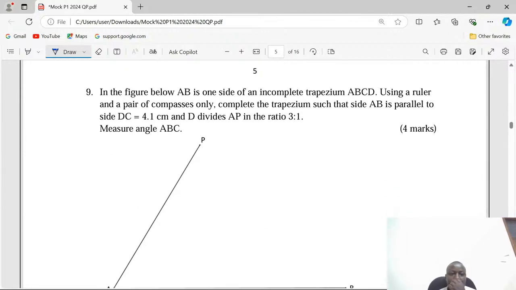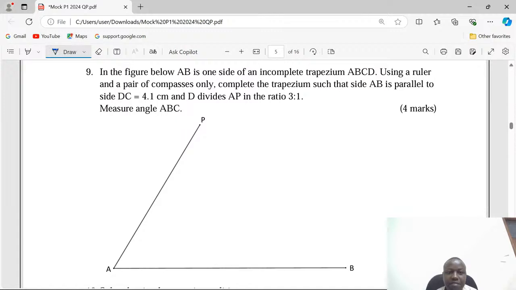Now there is another very significant question, whereby I would like all the students to understand this. In the figure below, AB is one side of an incomplete trapezium ABCD, that is the name of the trapezium.